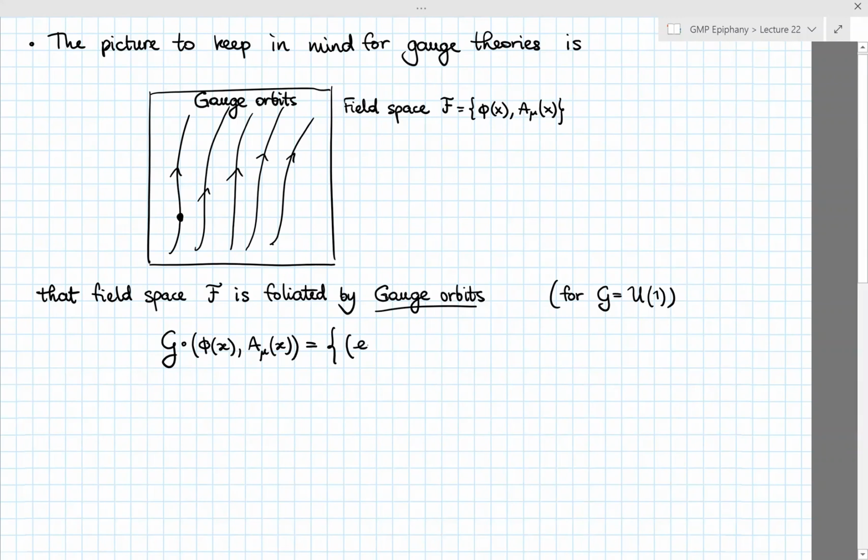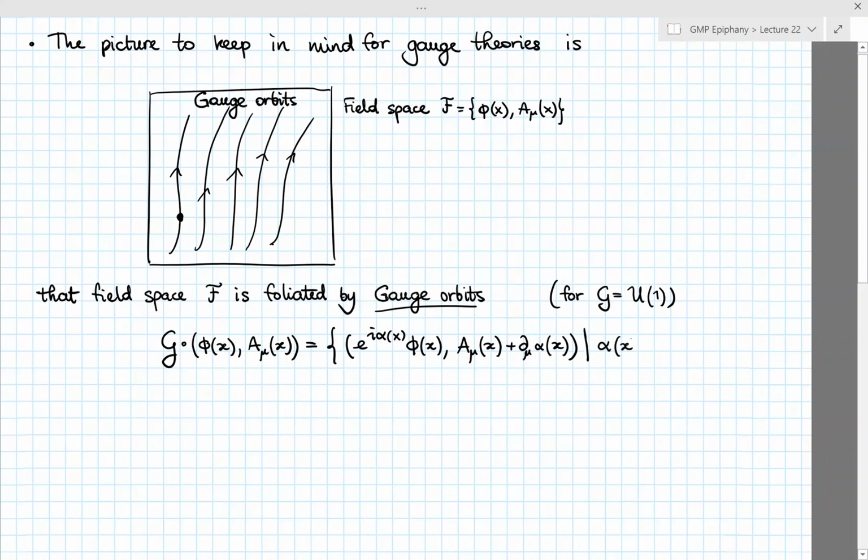So we get the set of all configurations e to the i alpha of x phi of x, A mu of x plus d mu alpha of x, which are related to the original configuration by a gauge transformation.